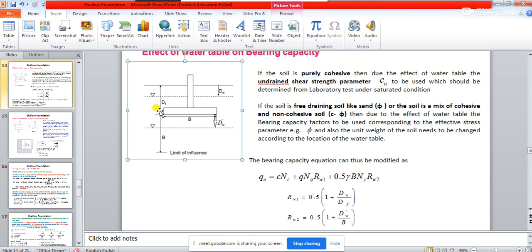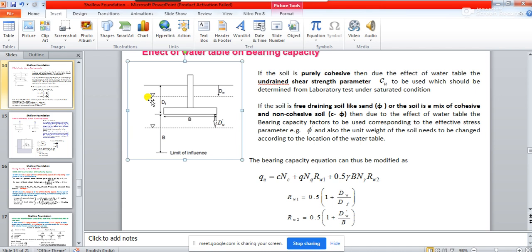of the unit weight of soil. That means if the soil is submerged, then use the submerged unit weight of soil. If the soil is saturated, then use saturated unit weight of soil. If the soil is half submerged and half saturated, then you take a weighted average of it and apply.